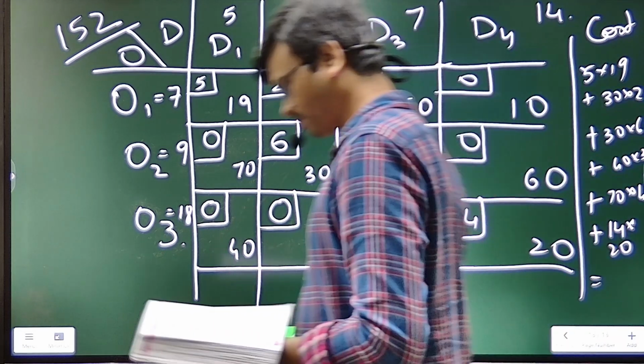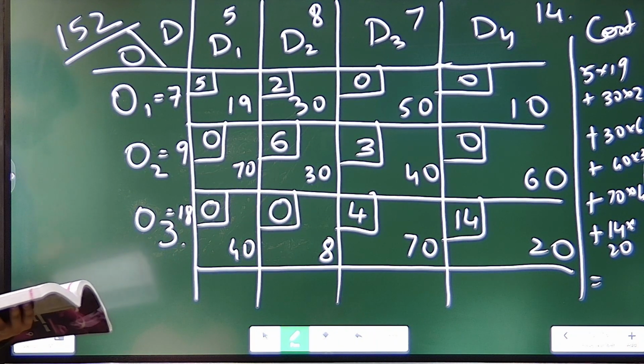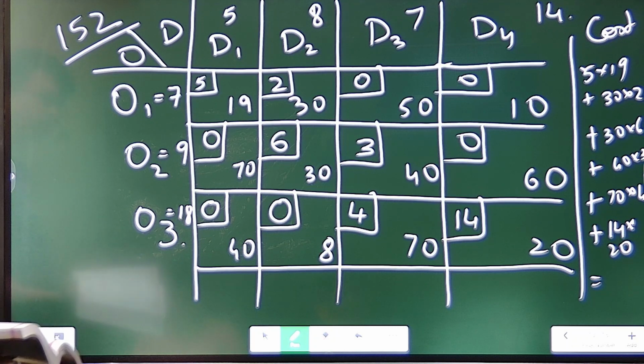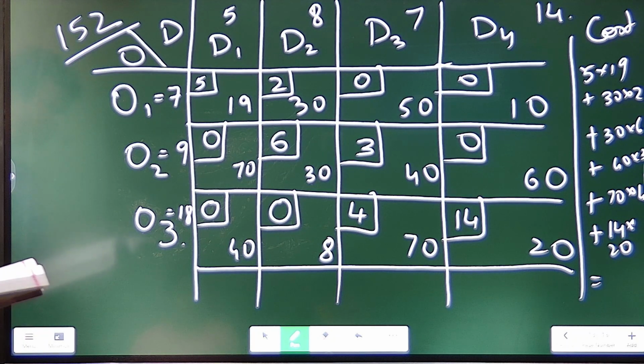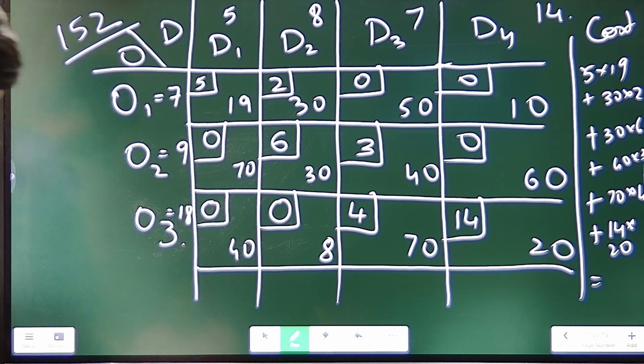How much is the cost? You can use a calculator. You are allowed a calculator in the exams, right? One zero one five.